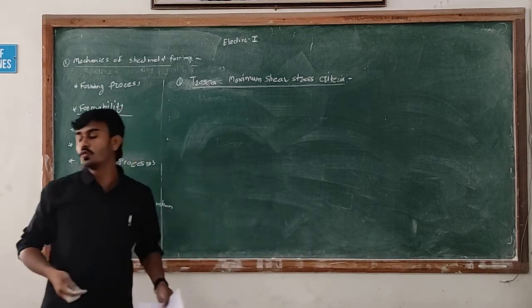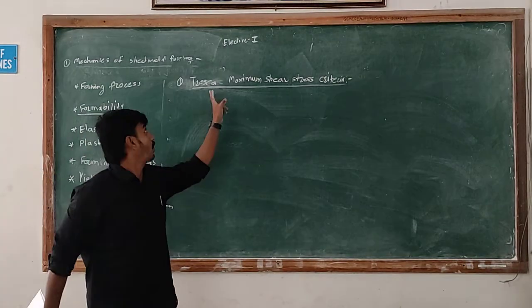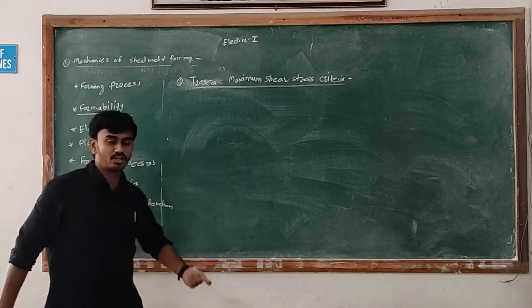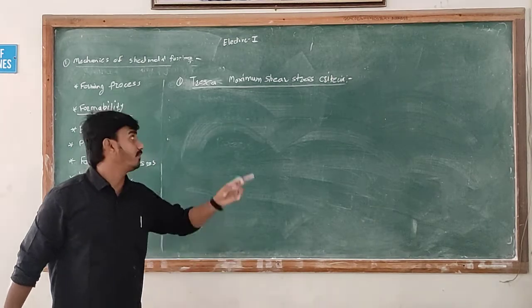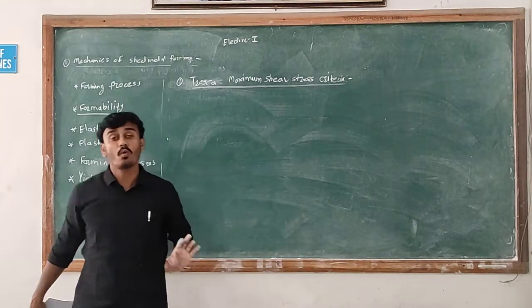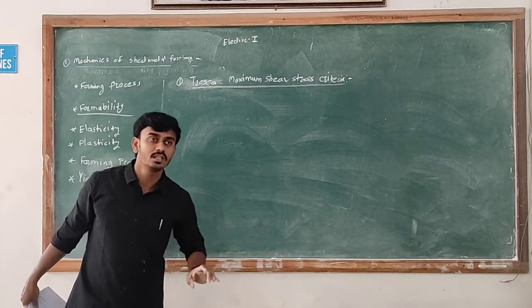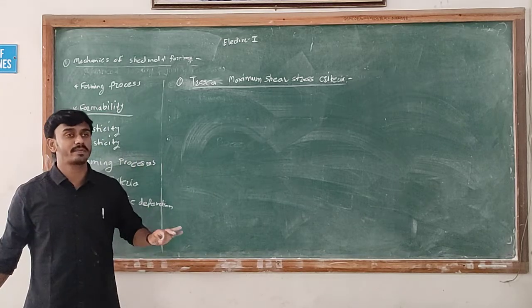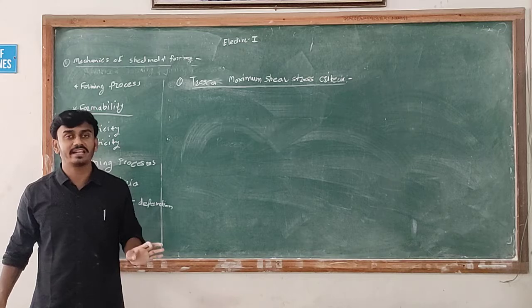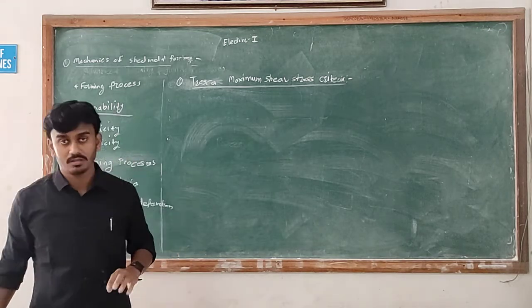There are two main criteria for the plastic deformation of the material. The first one is the Tresca's maximum shear stress criteria. What this criteria states is how the plastic deformation in the material is initiated.